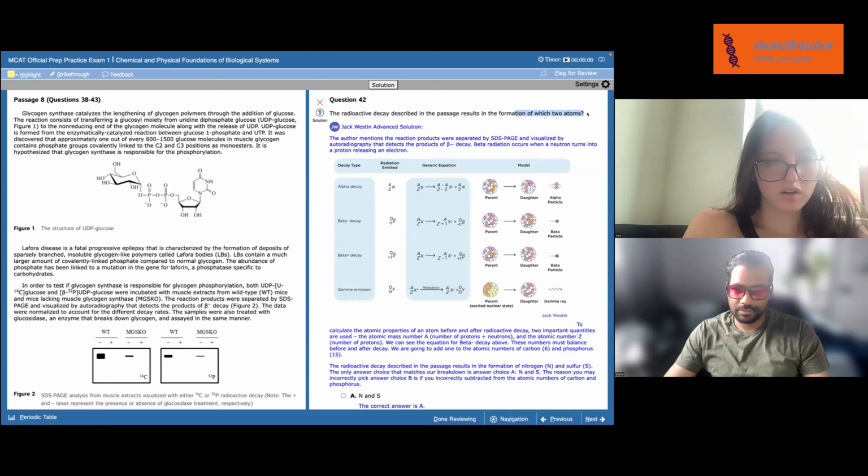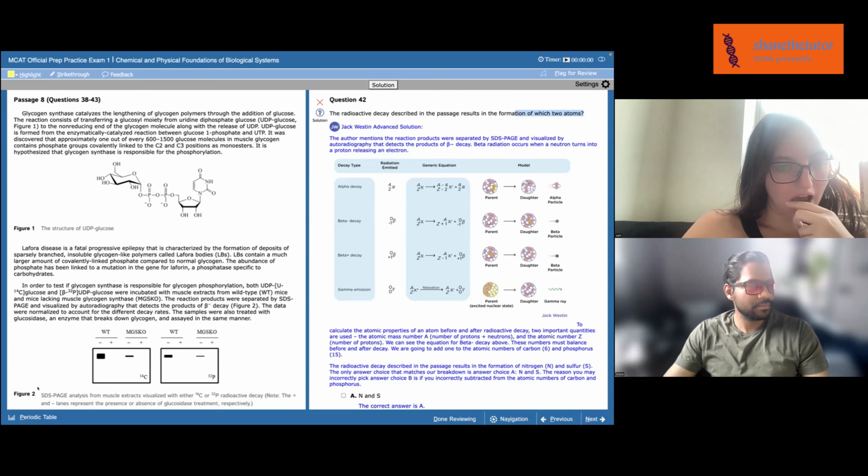So this one, glycogen synthase. I have no idea.